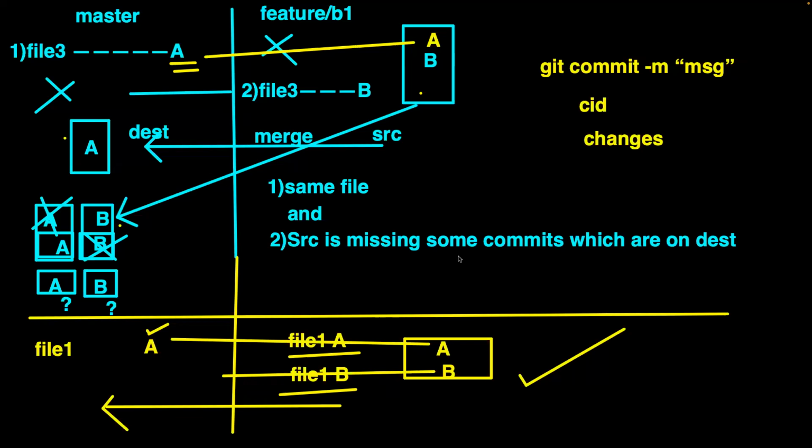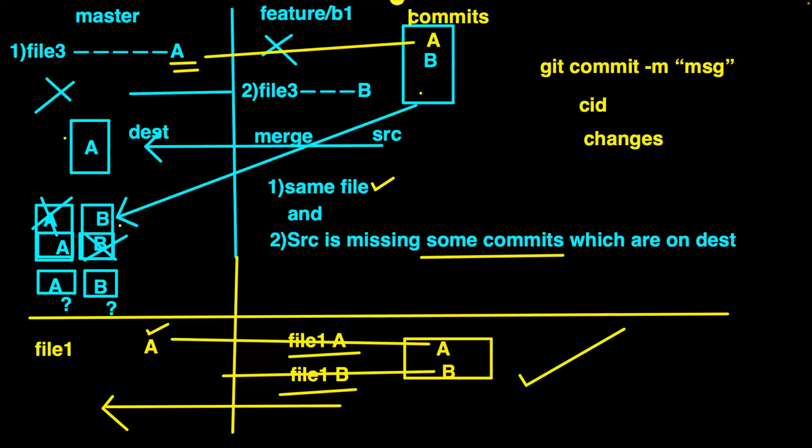Same file and source is missing some commits which are on destination on the same file. Let's say you are modifying the same file. Here I'm checking the commits of that file. It might be two different files, the data might not be the same.